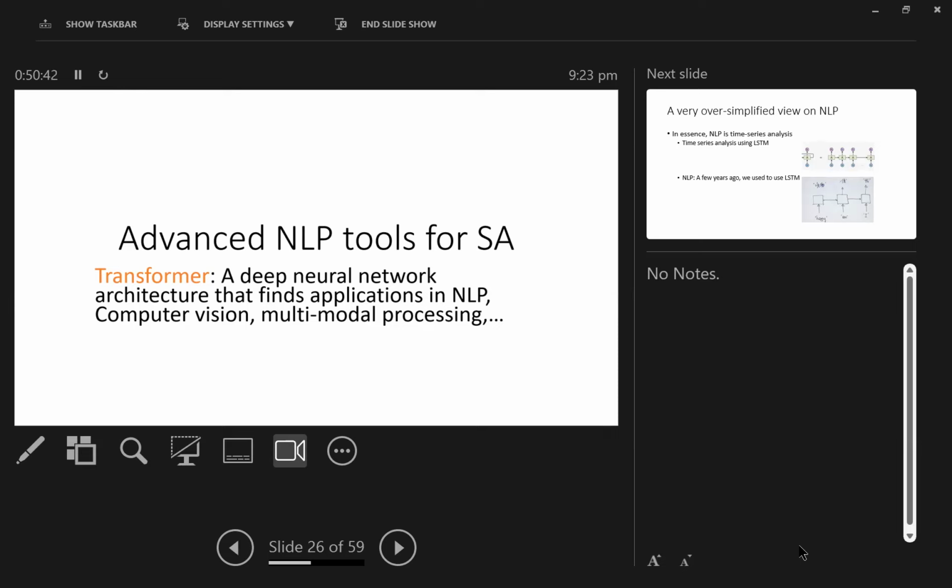This transformer is a very complicated, very deep neural network, where every component has a specific purpose, and you can use it to get very good performance for natural language processing. This neural network also has application in computer vision and all the other applications. So this word transformer is a new architecture of neural network that we can use to do very important things.